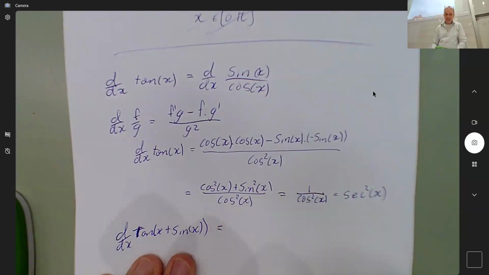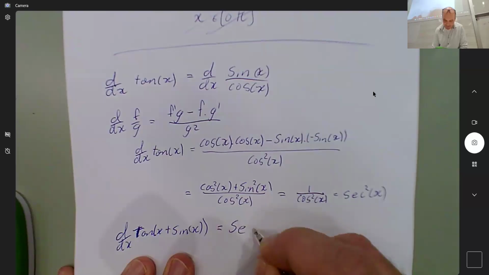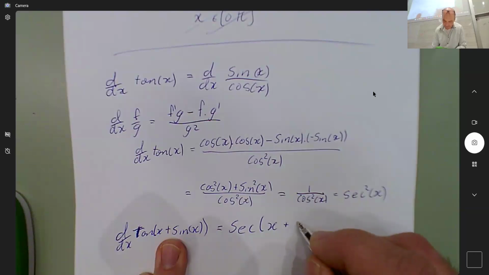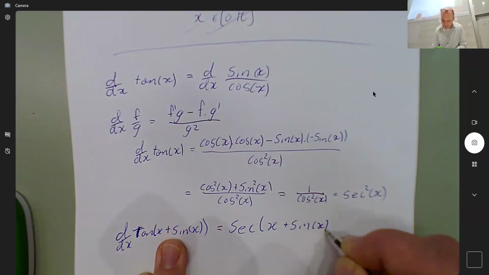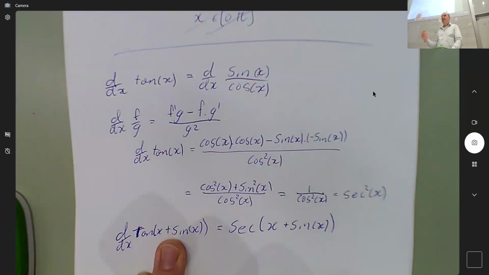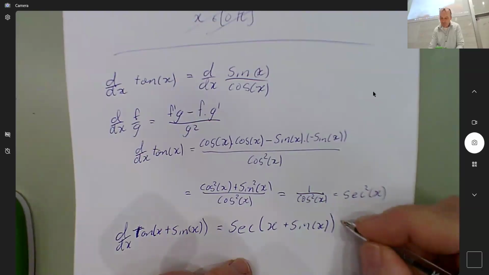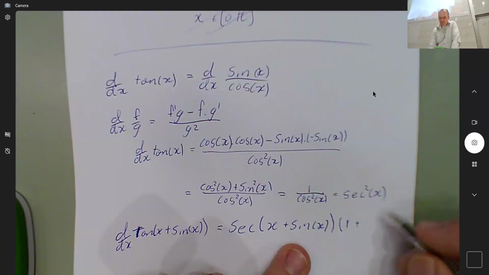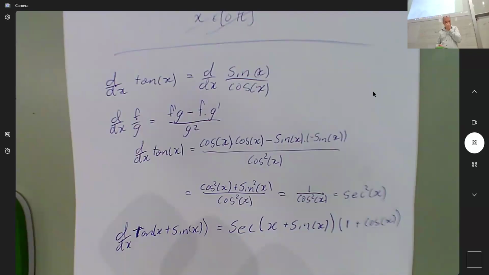Since I've just worked out the derivative of tan, I'm going to use sec squared of the thing inside the brackets, x plus sine x. But then I've got to times by the derivative of the thing inside the brackets. Because it's a sum, I've got to remember to put that product in brackets, because the derivative of x is just 1, and the derivative of sine is cos x. Beautiful. A little bit too easy?